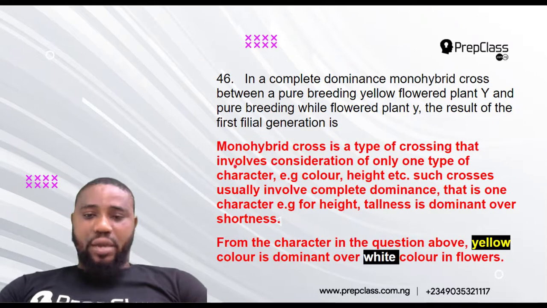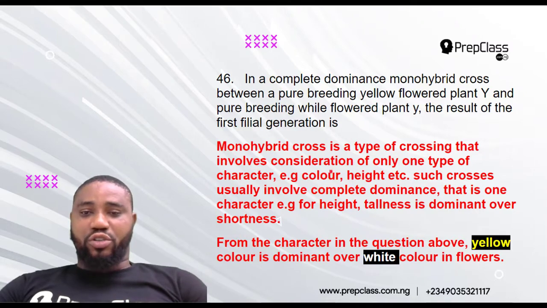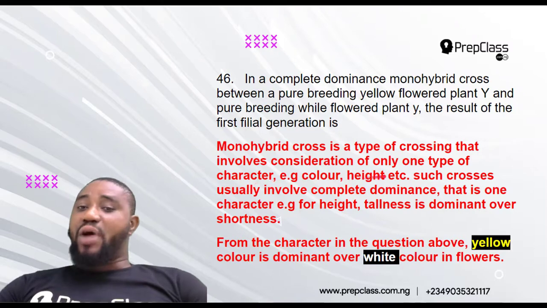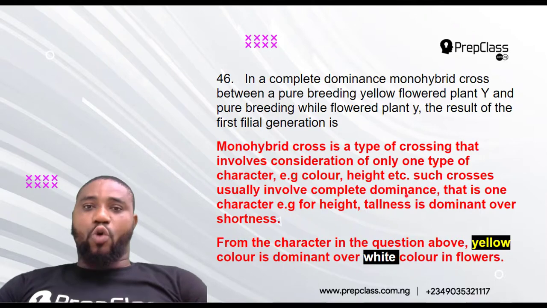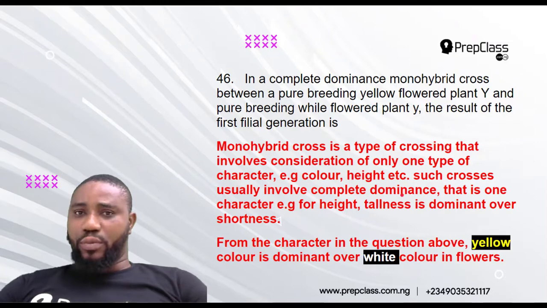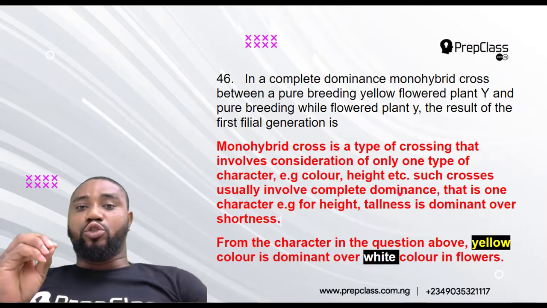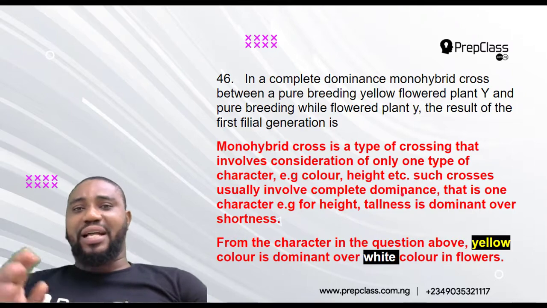Now I said that monohybrid cross is a type of crossing that involves consideration of only one type of character, for example height or color. Such crosses usually involve complete dominance, whereby one of the characters will completely overshadow the other one. The character that is overshadowing the other one is the dominant gene or the dominant character.